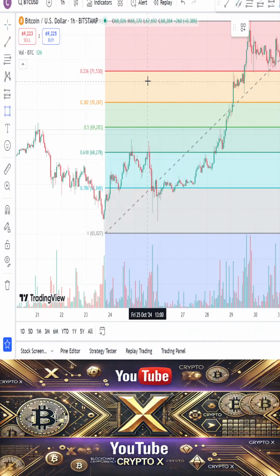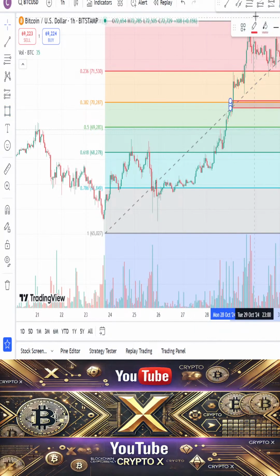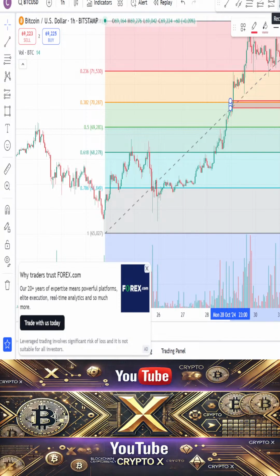For the reversal, we can check this is a good zone for reversal: 0.382, as well as 0.5, as well as 0.618. In total, there are three zones, so three of them are very important.